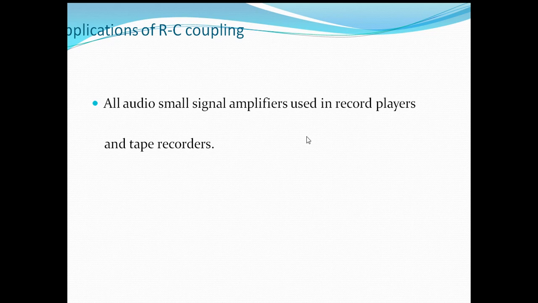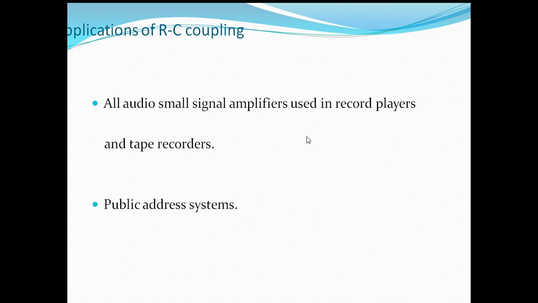As we know, the audio signal frequency range is 20 Hz to 20 kHz. This is audible to human beings, as we discussed earlier. Therefore, by using this RC coupling, the audio signals can be easily transferred or propagated through this RC network.